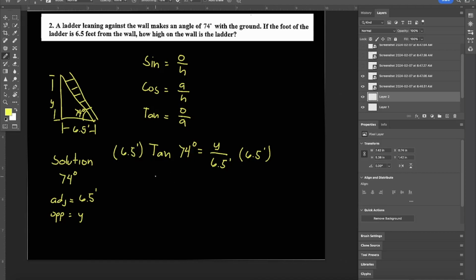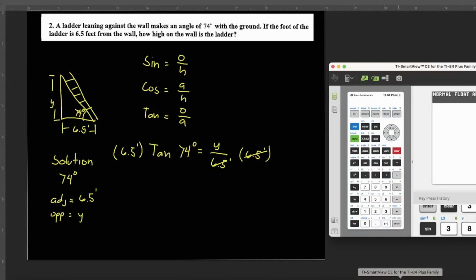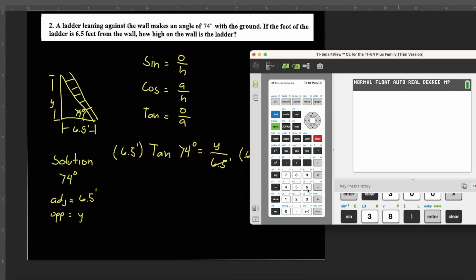Okay, and this one will cancel out 6.5 on the right side. So we now have 6.5 feet multiplied to tangent 74 degrees. So let's use our calculator. So we could use 6.5, multiply that with tangent 74 degrees.